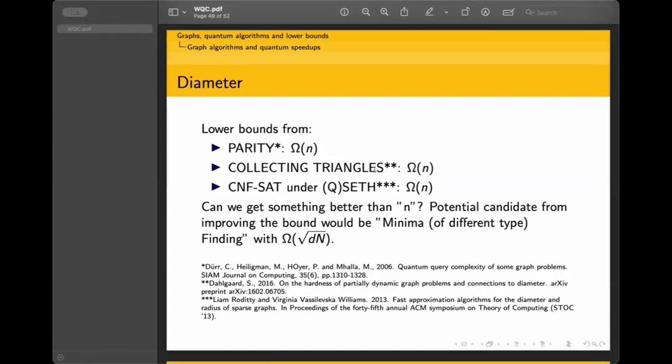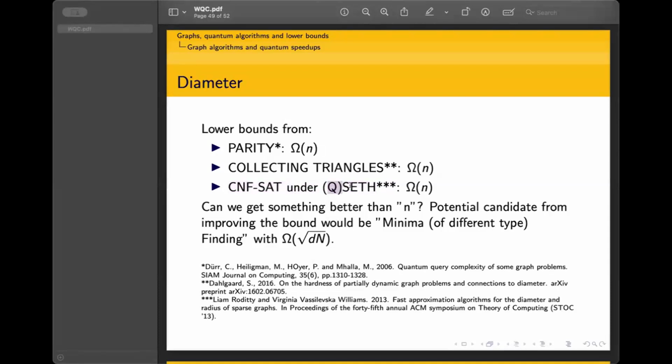The linear bound is sort of the intuitive bound that you would expect. It would be very weird if you could solve diameter faster than, for example, connectivity, which has this omega n lower bound. And we tried very advanced techniques. We tried the quantized classical reduction for diameter, which I mentioned, from CNF SAT.